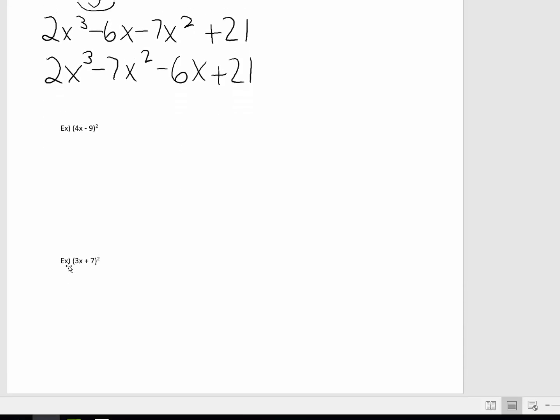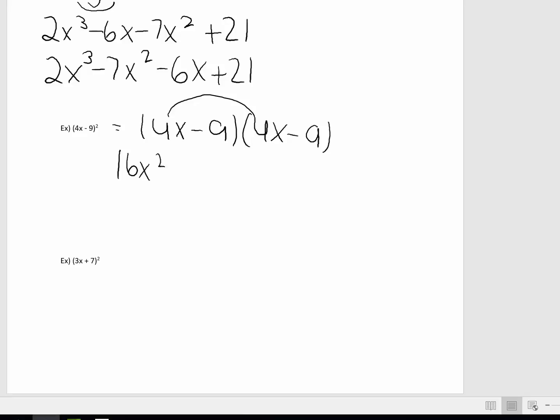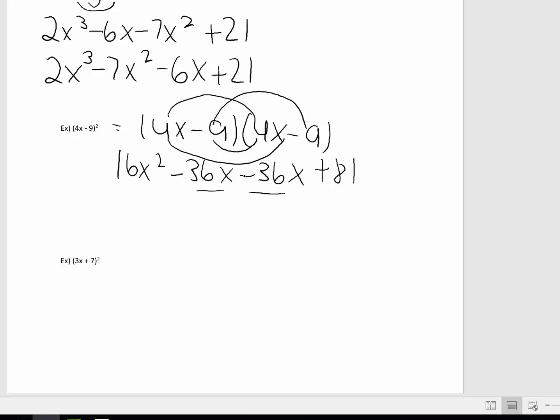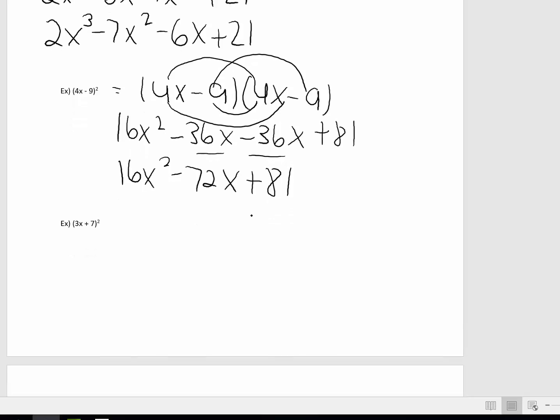Now, 4x minus 9 squared. That is the same thing as 4x minus 9 times 4x minus 9. So now again, we're back to a binomial times a binomial. So I can FOIL it again. Remember, a negative times a negative is a positive. Combine like terms. Okay, so now I have 3x plus 7 squared.